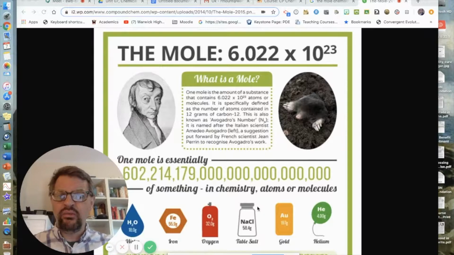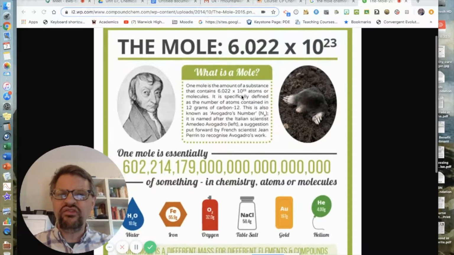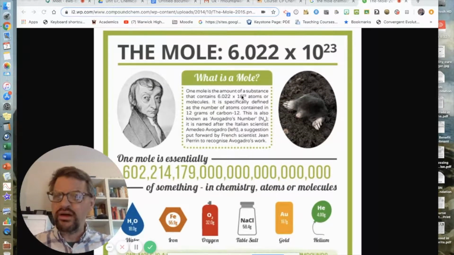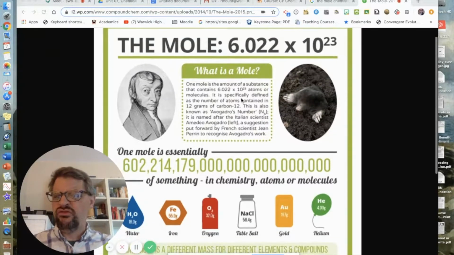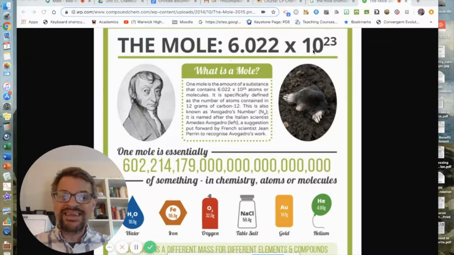Okay, now you're wondering, this mole information is sitting up here. What's that all about? The mole, of course, is a way of measuring mass by the number of atoms or molecules. Okay, 1 mole of something is this many things, 6.022 times 10 to the 23rd power, or this huge number. 1 mole of anything is that many things.